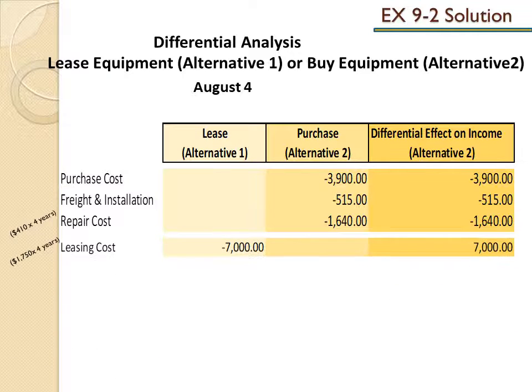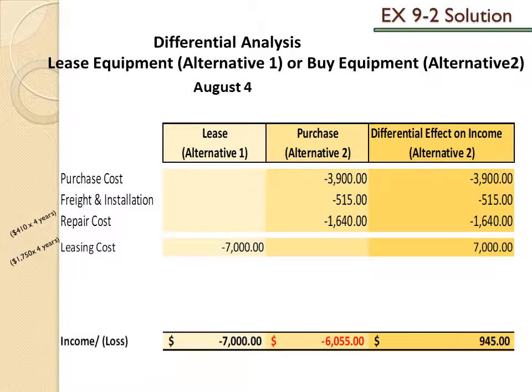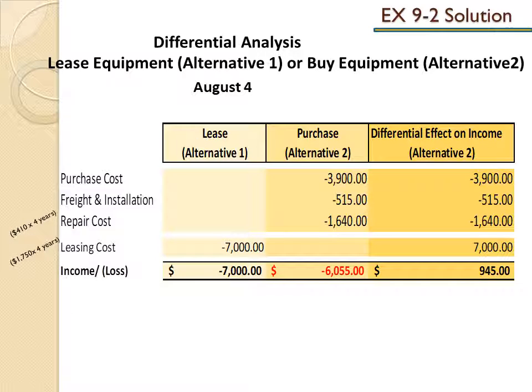However, if we lease the equipment, we will have a leasing cost of $7,000, computed by multiplying $1,750 as the annual leasing cost times 4 years. So if we total the loss under each alternative, we will have a loss of $7,000 under alternative 1, which is to lease the equipment, and $6,055 loss under alternative 2, which is to purchase the equipment.